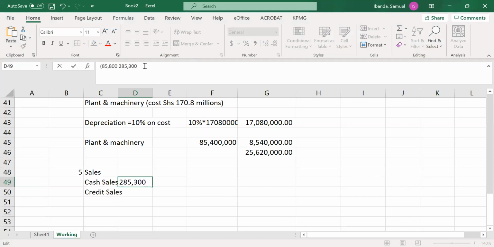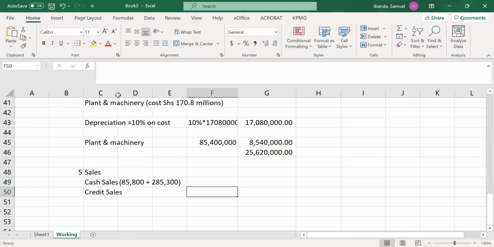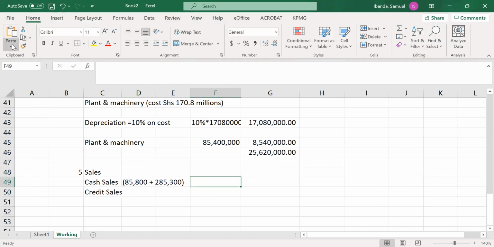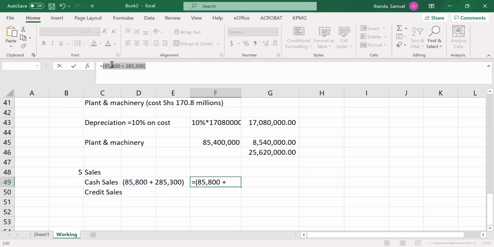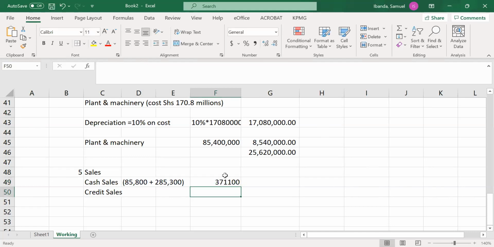As we can see right there as our so-called cash sales, just to get the total, my Excel here, and press your calculator, you come to 3711.